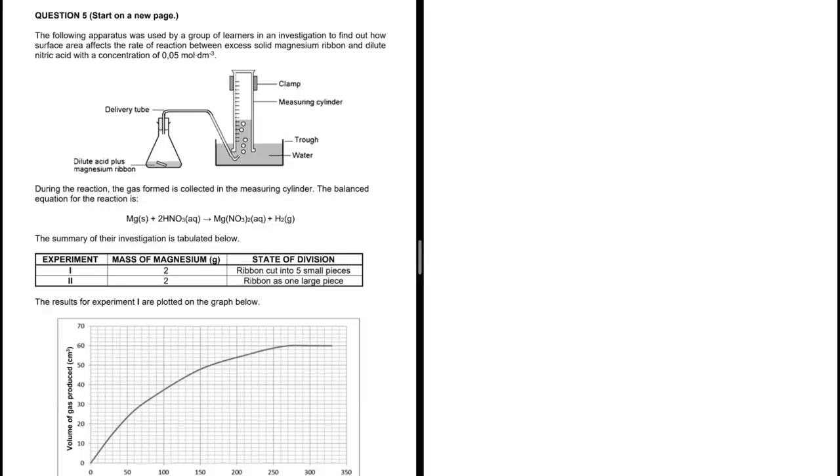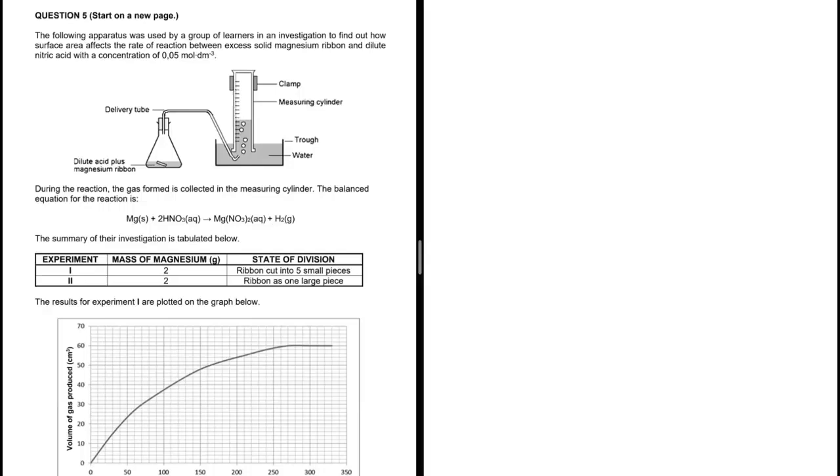We're going to calculate the number of moles of hydrogen gas, of which V is 60 times 10 to the minus 3. That times 10 to the minus 3 converts centimeters cubed to decimeters cubed. I must emphasize, because when you're converting centimeter to decimeter, it's not the same thing as you converting centimeter cube to decimeter cube, right?